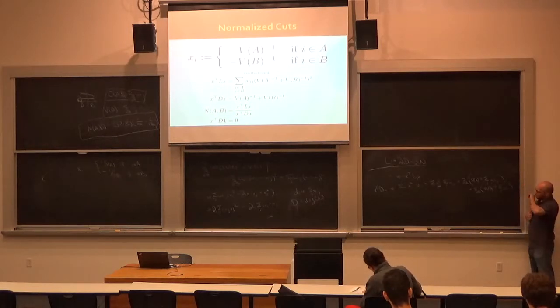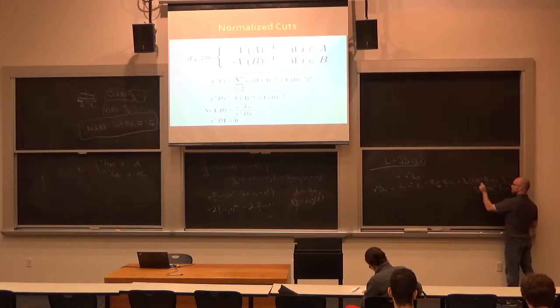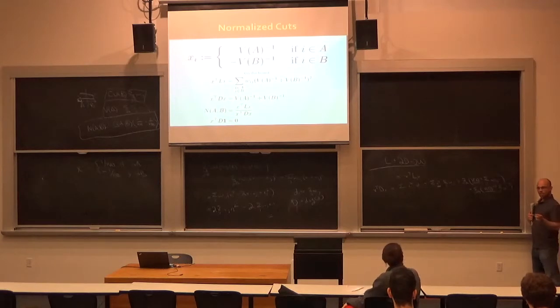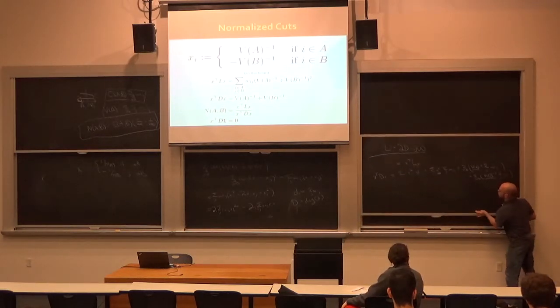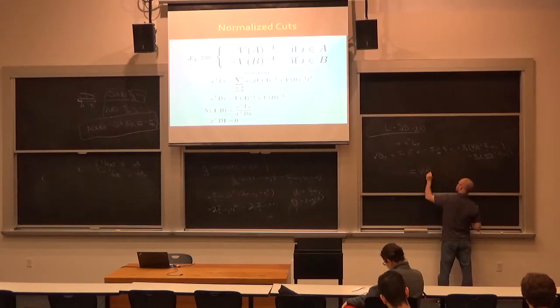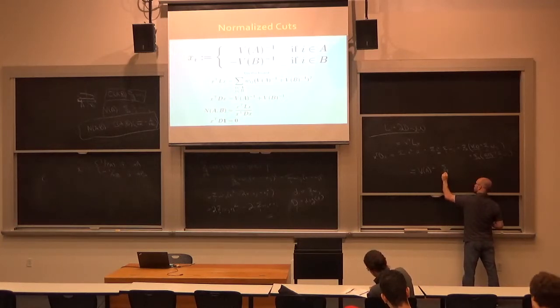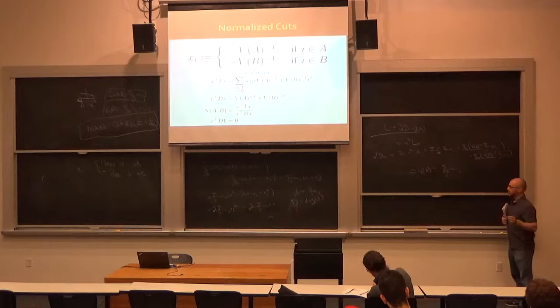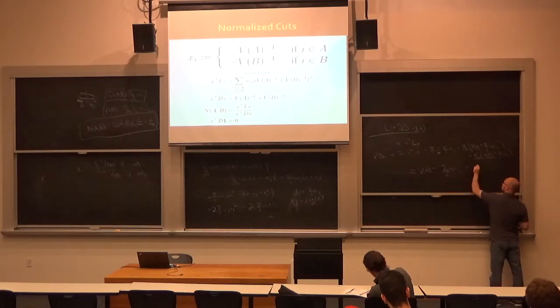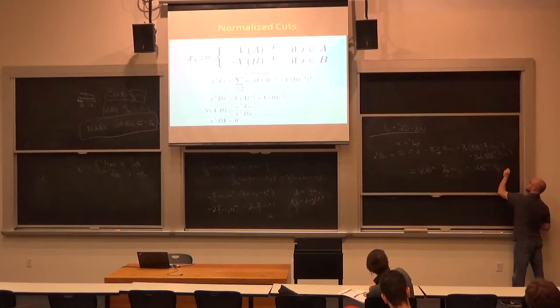Yeah. Okay, so what's going to be our next trick? Well, we'll notice that these are constants. So in particular, I can say this is the volume of A to the minus 2 times the sum over i in A and j of w i j, plus volume of B to the minus 2 times the sum over i in B and j of w i j.